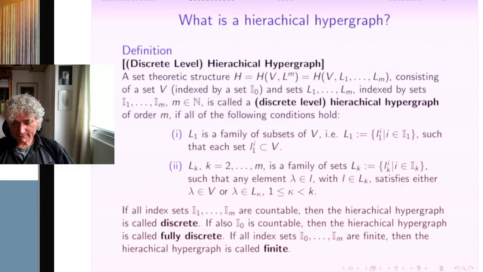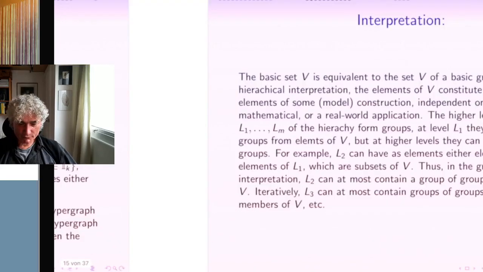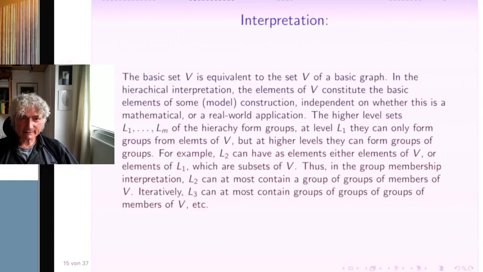Okay, so let's go to the interpretation. It's exactly what I said. So the basic set V is equivalent to the set of a basic graph. So we always started in all of our constructions with a basic set of vertices V. And then in the hierarchical interpretation, the elements of V constitute the basic elements of the model, independent on whether this is mathematical or real-world application.